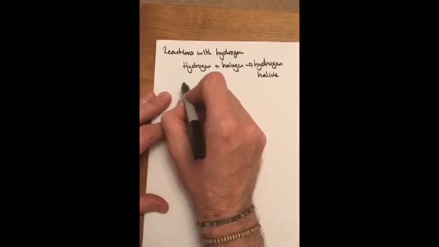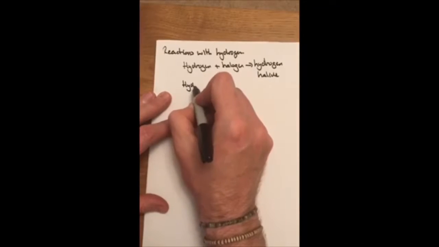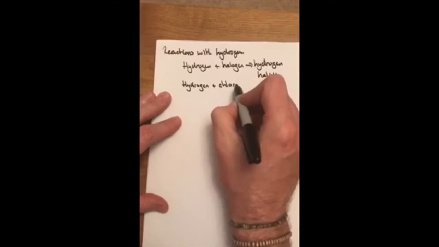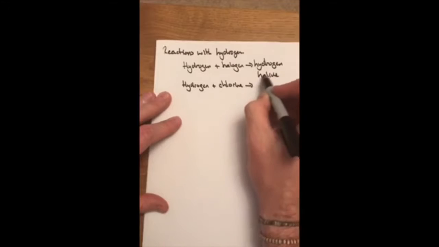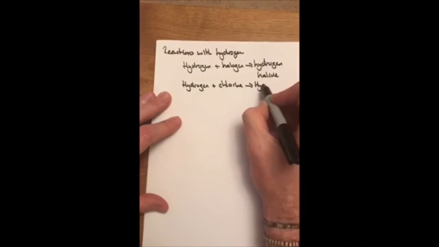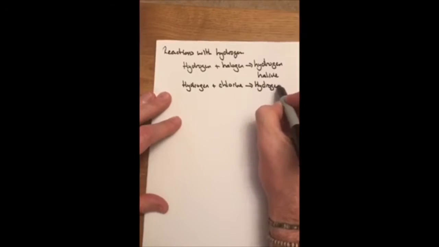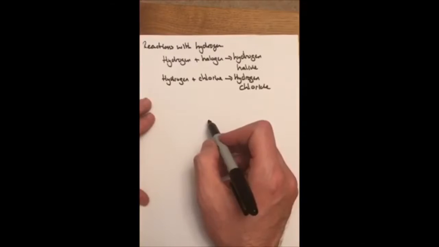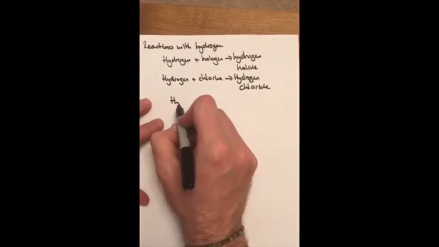So in words, that will still be hydrogen. This time I will use chlorine. So there is my chlorine. It makes a hydrogen halide, so it's going to be hydrogen chloride. Hopefully you spot hydrogen chloride. We've come across that before. Hydrogen chloride is an acid, hydrochloric acid.